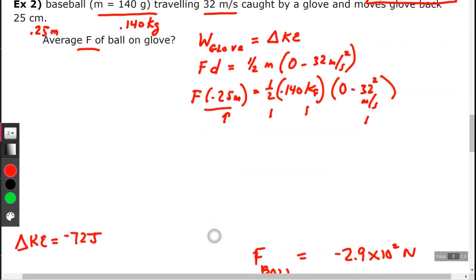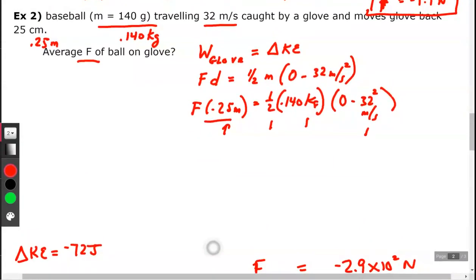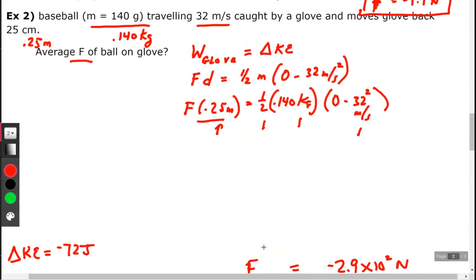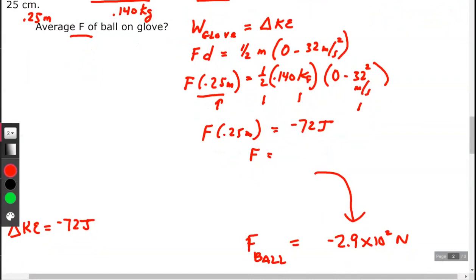We get F times 0.25 meters, and the change in kinetic energy on the right turns out to be negative 72 joules. Divide both sides by 0.25 and you find the force equals that value when you bring it down to two significant digits.